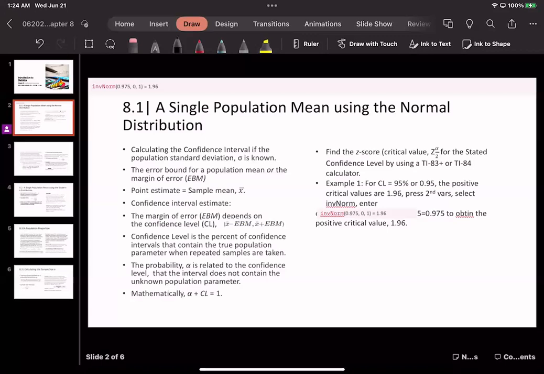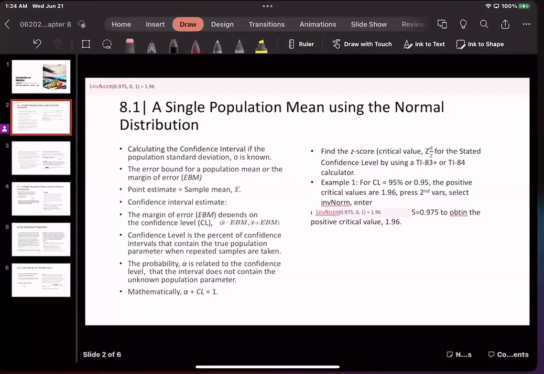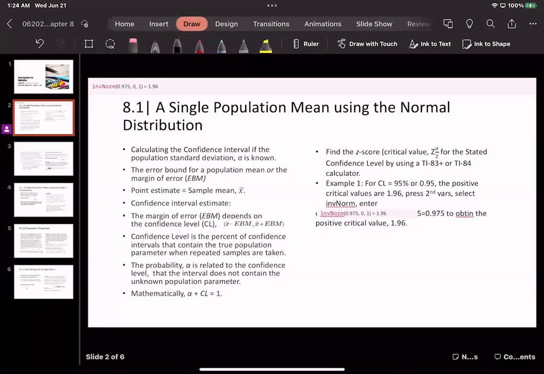It should be set up as X bar minus EBM, comma, X bar plus EBM. The confidence level is the percent of the confidence intervals that contain the true population parameter when repeated samples are taken.